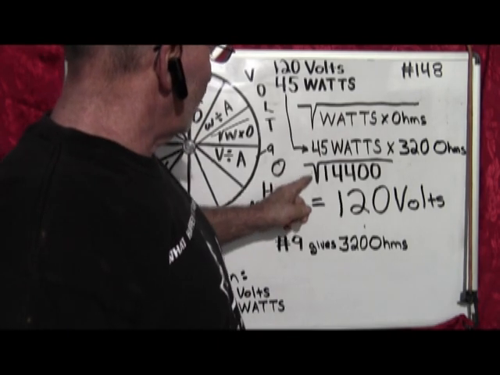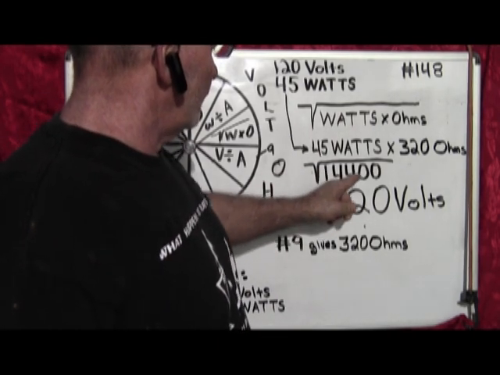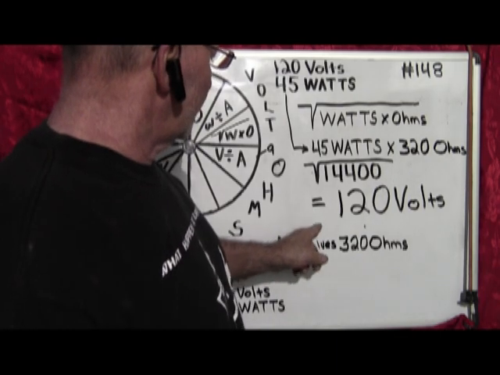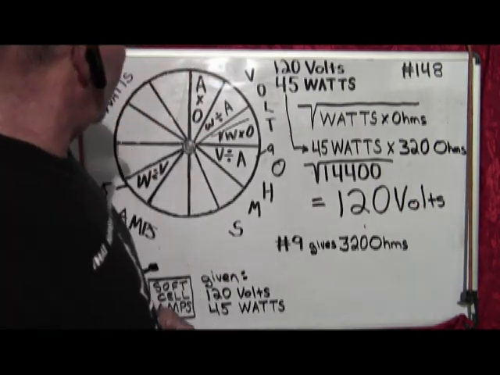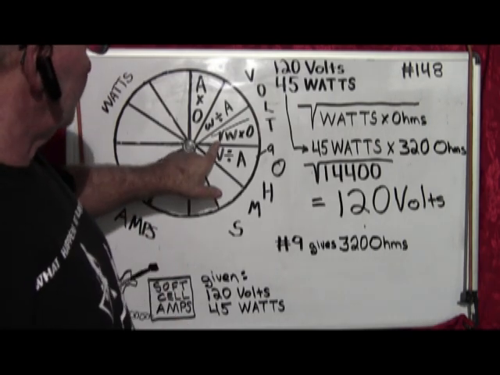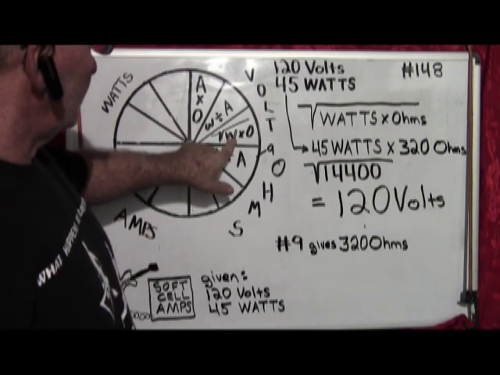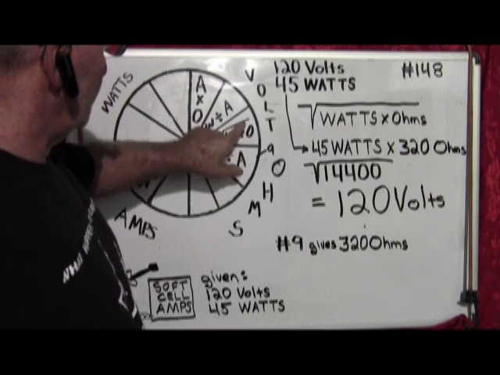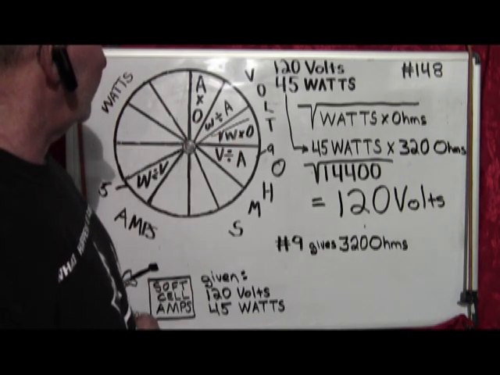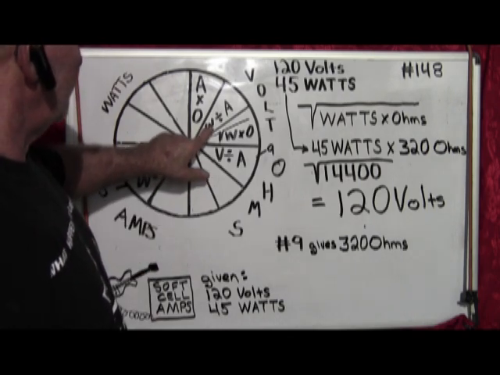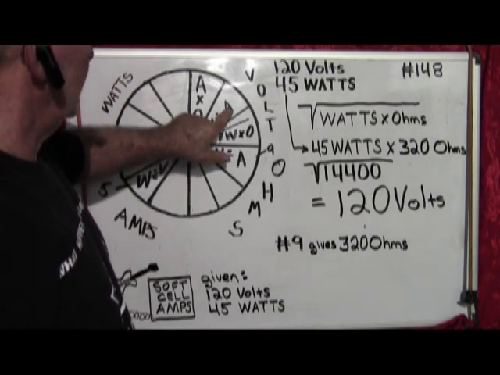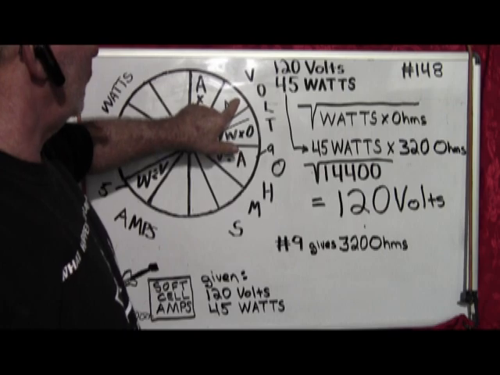So the square root of 14,400 is 120 volts. Therefore, it verifies this watts times ohms, the square root of, is a valid and workable equation. Let's move on to watts divided by amps is equal to volts.